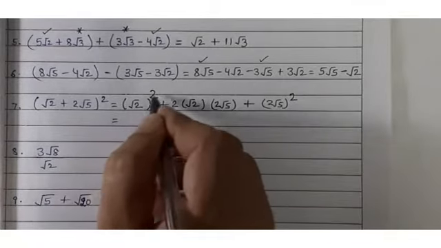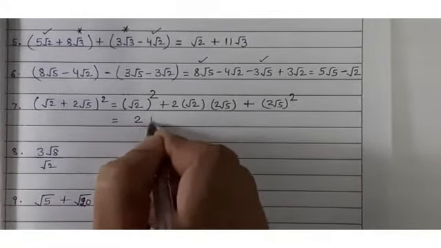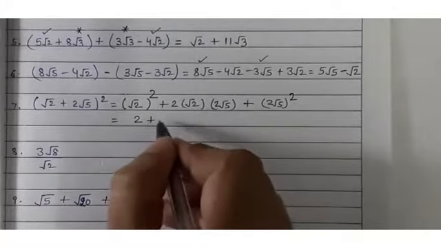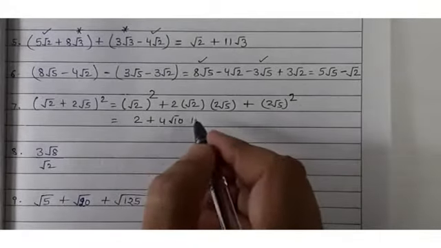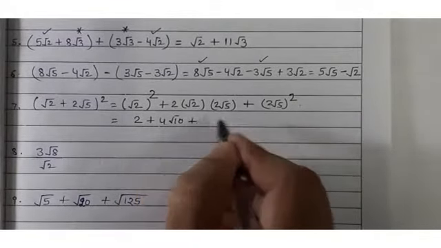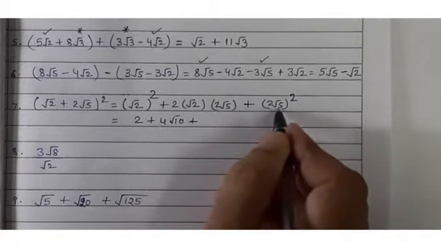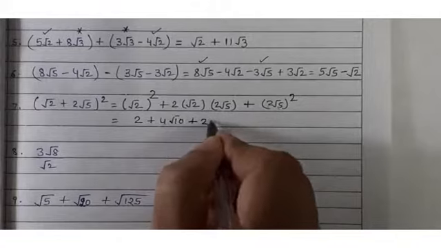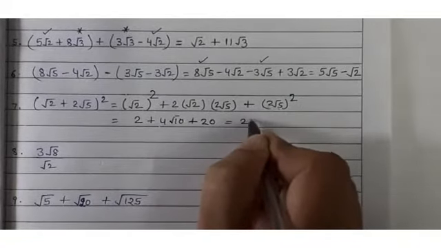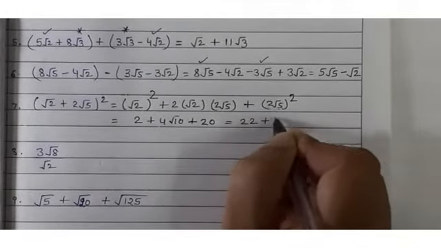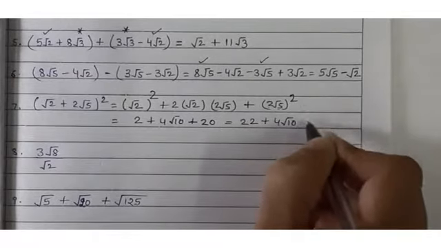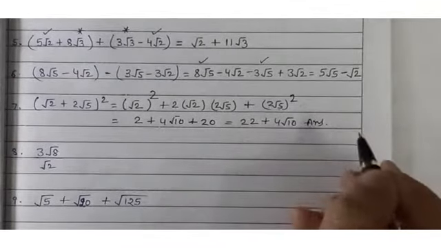Under root 2 square is 2, 2 square is 4 and 5. 4 5s are 20. Then what will be? 22 plus 4 under root 10. This is your answer.